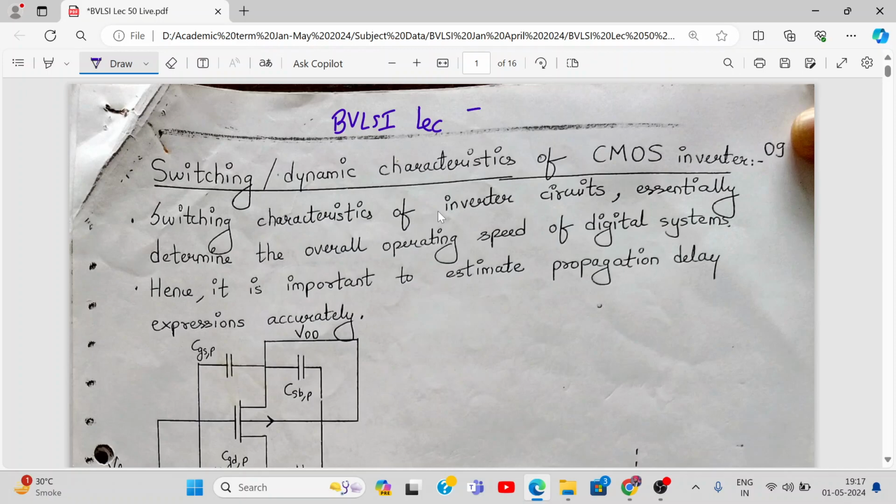Yeah, BVLSI lecture number 50. Let me put it to full screen mode. Okay. Hopefully it should work. Yeah, it's giving a lot of problems.